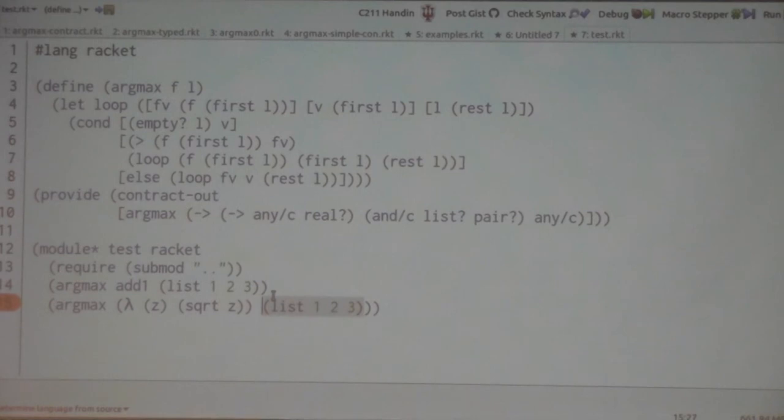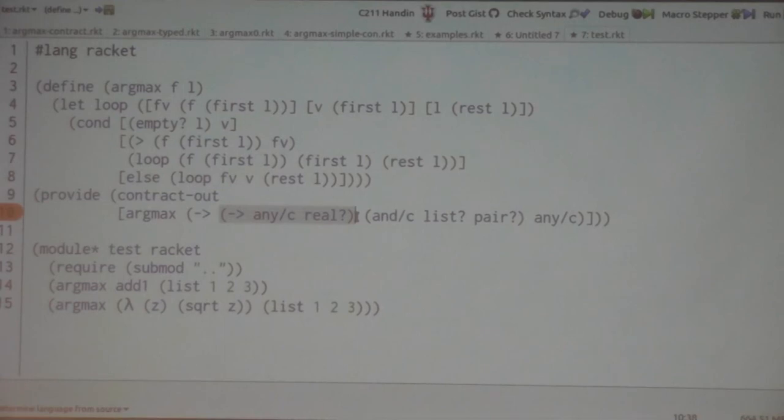And of course, you can look at the contract as a more general specification mechanism, in which case square root does not satisfy this contract. But in this program, the whole thing that I have on my screen does not produce any contract errors.